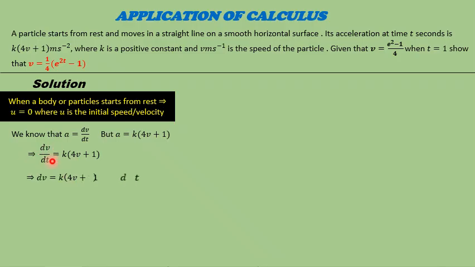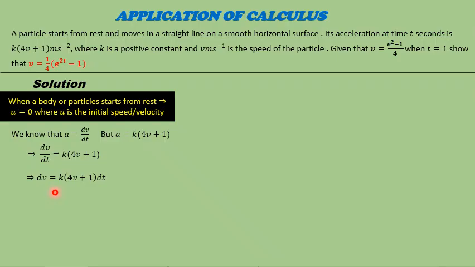First I'll cross multiply, which gives dv equals k(4v + 1) dt. Now I have dv on one side and a term containing v on the side of the t, so I have to send the 4v + 1 to the other side, so that dv and the term containing v are on one side of the equation and the term containing t is on the other.